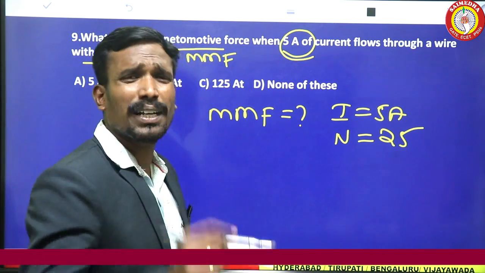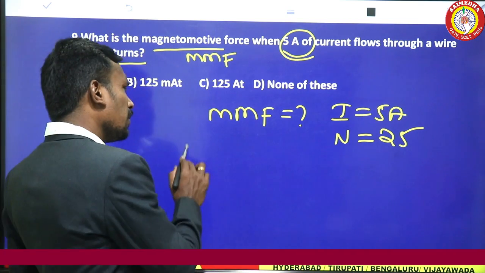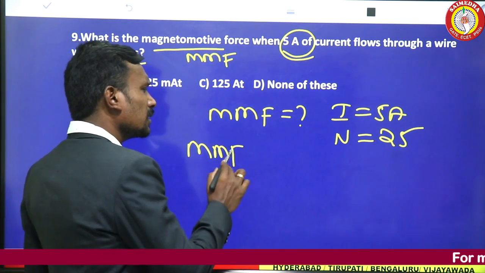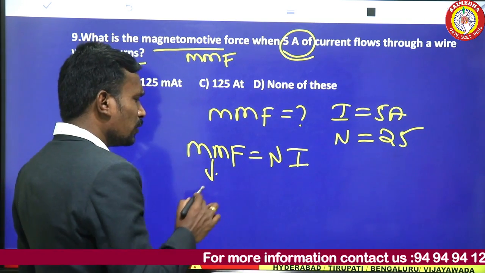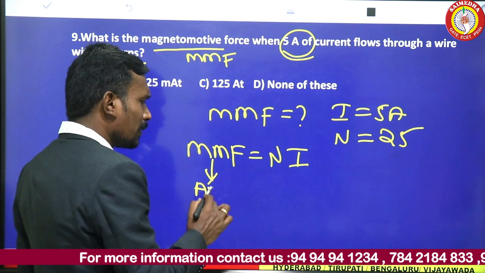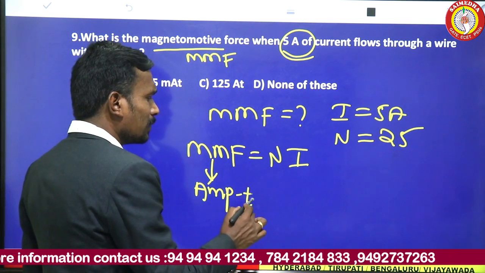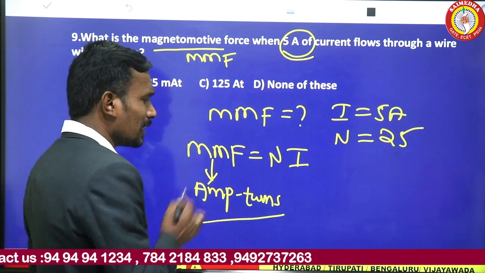What are the units for MMF? The MMF formula is N into I, because I is amperes and N is turns, so the unit is ampere-turns.